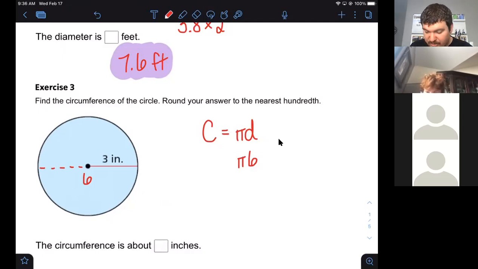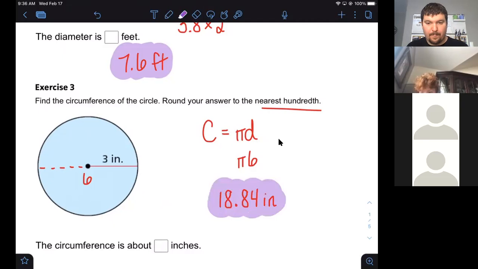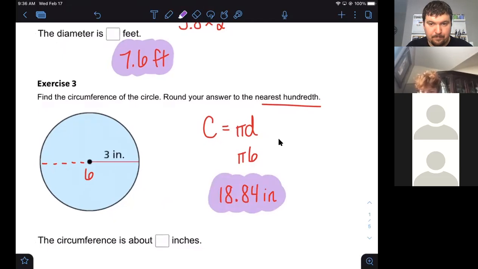And it does say round to the nearest hundredth, which is 2 decimals. So that's perfect because I have 2 decimal places, so I don't need to round anything. 18.84, and it's just going to be measured in inches. Because it's perimeter, it's not area, so I'm not going to use square inches at all on this practice quiz. No square units when we're doing perimeter and circumference, just regular units.